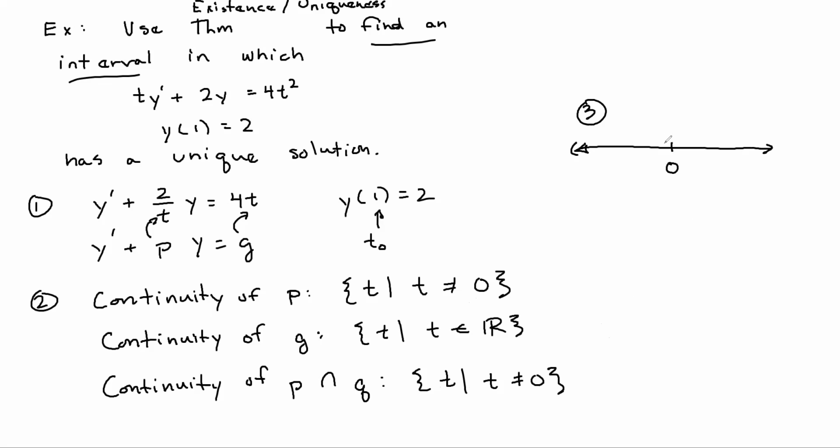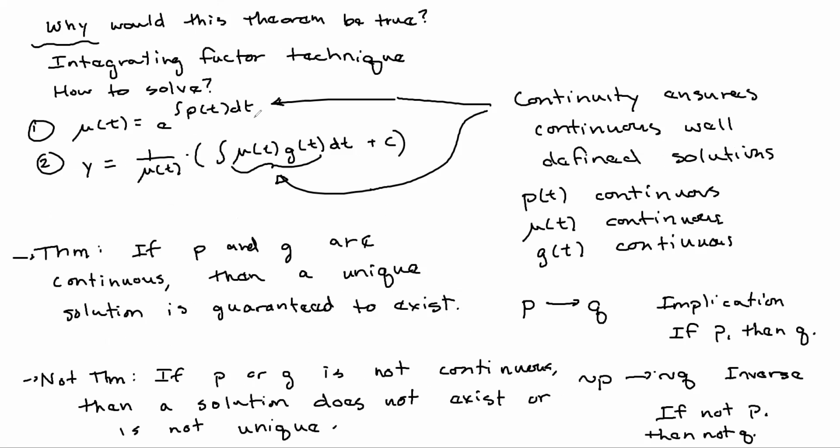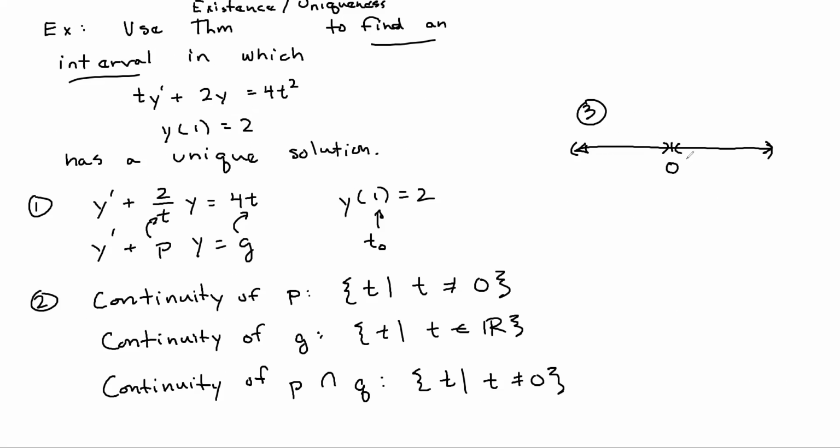So we know we've got continuity and our function is nicely defined here, and here. These are both regions over which we could integrate P and integrate mu and G if those were the conditions. So this tells us where we could integrate and not have any trouble arise, where our function behaves itself.